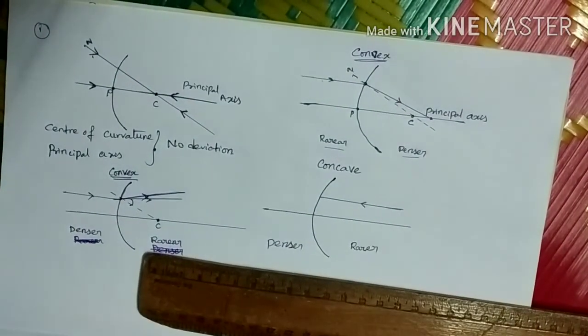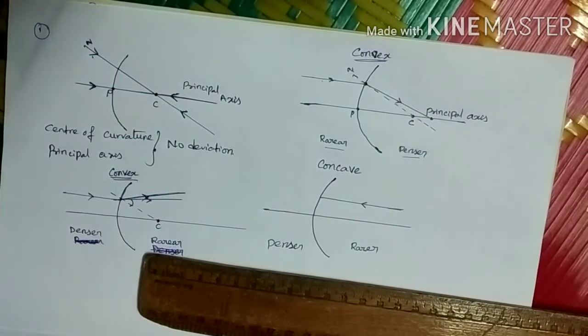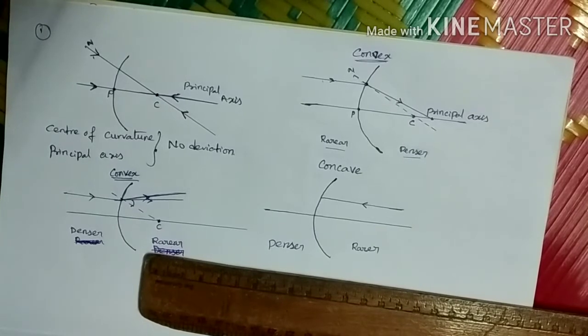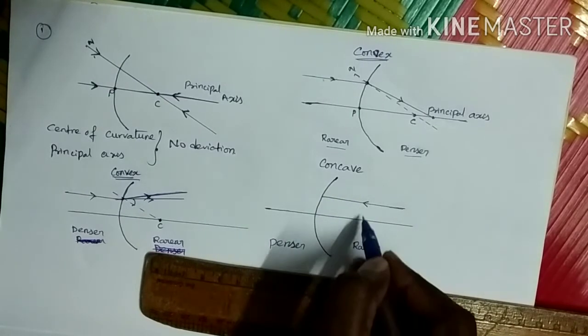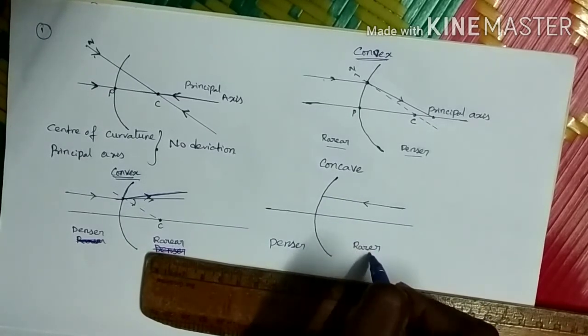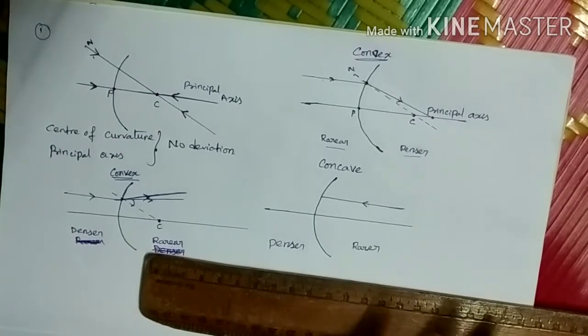The ray which we are incidenting on the curved surface, that ray we call it as incident ray. Remember that point also. Here I am taking a concave curved surface and I am sending the light from rarer medium to the denser medium, which is parallel to the principal axis.